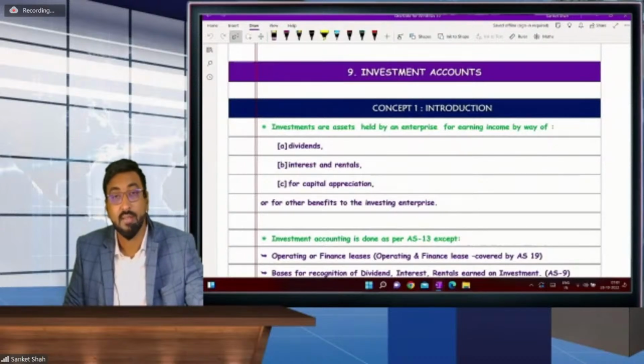Now friends, after understanding these bonus shares entries, we are moving to redemption of preference shares. But to understand any chapter of company accounts, you have to learn the pro forma of the balance sheet. The balance sheet pro forma is important in the financial statement. Schedule 3 Part 1 talks about the balance sheet pro forma.